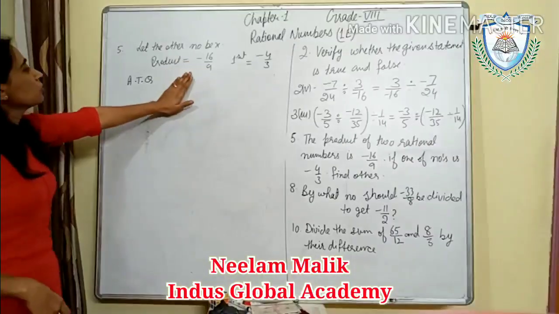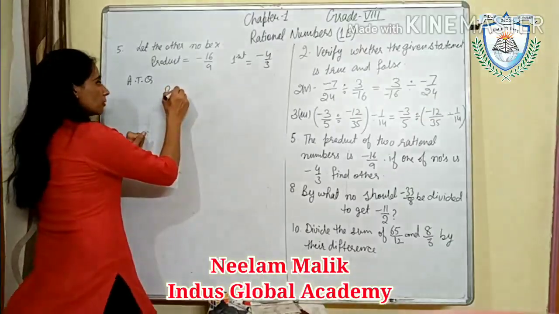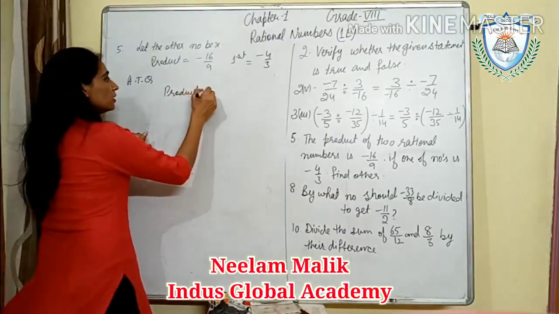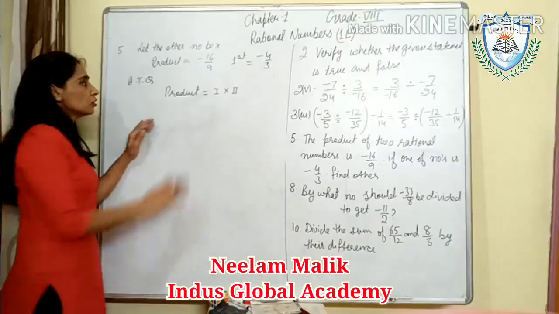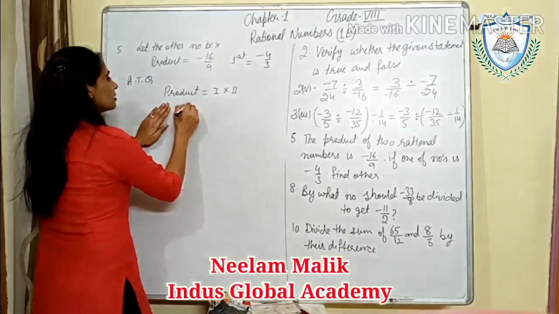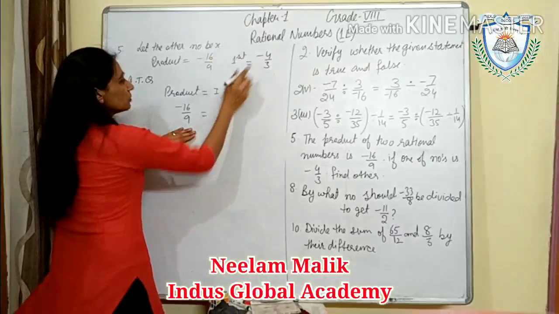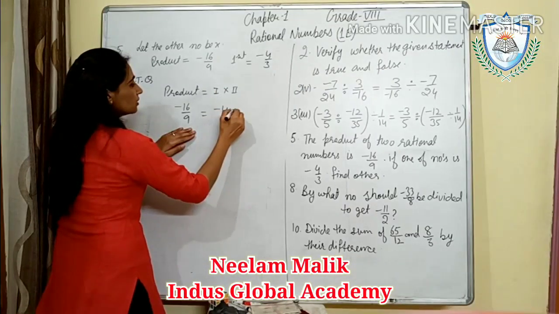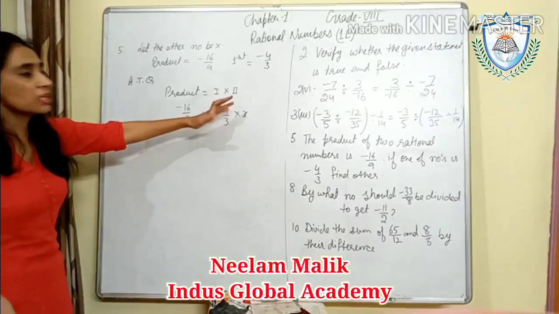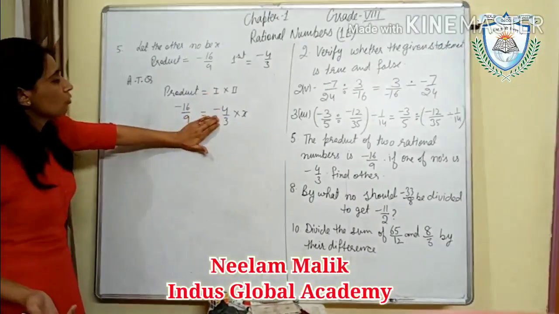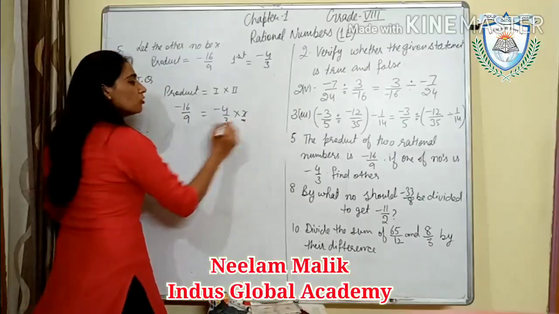Let the number be x, product is this. So here we will write product equals first into second. So what is our product? Product is minus 16 upon 9, and here the first number is minus 4 upon 3 and the second number is x. Yes, product means first into second. So now we need the value of x.